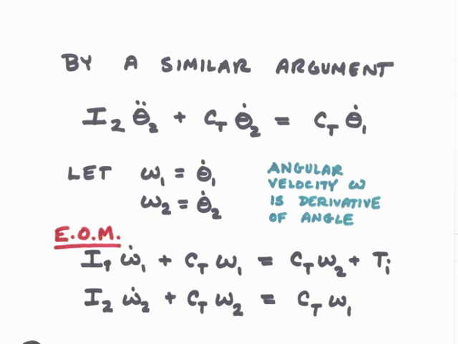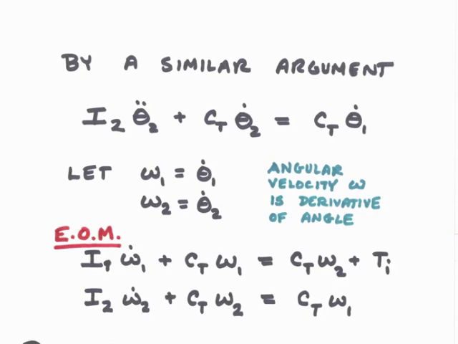For this problem, we'll be interested in the angular velocity of the disks and not in their angular position. So I'm going to define a new variable. Omega 1 will be equal to theta 1 dot, and omega 2 will be equal to theta 2 dot. With these two variables, I can write my equation of motion as follows.